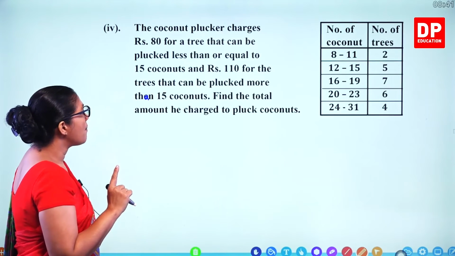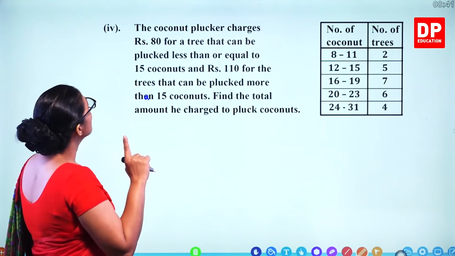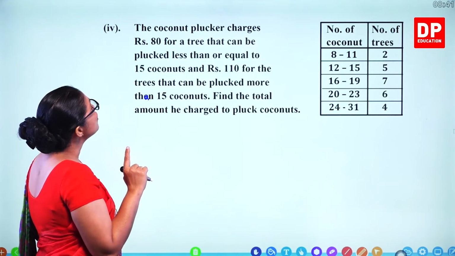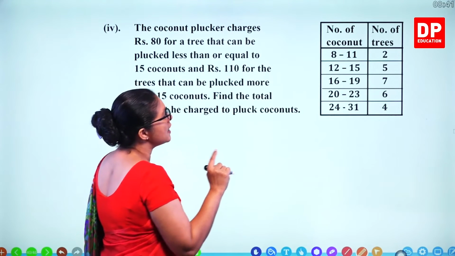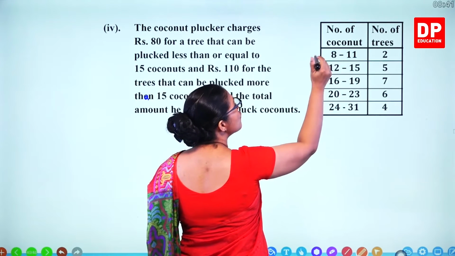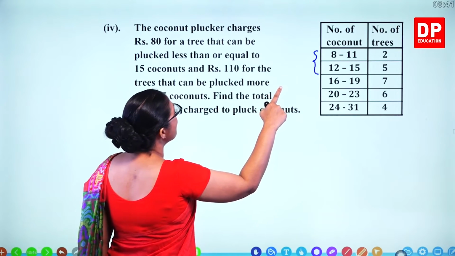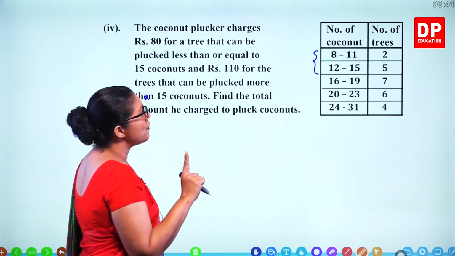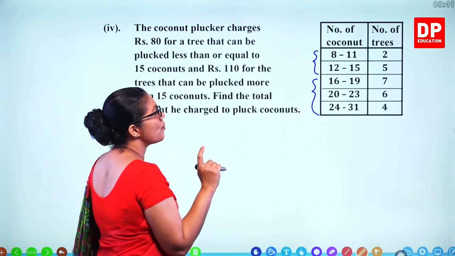Find the total amount he charged to pluck coconuts. So 80 rupees is for less than or equal to 15, that means these two. And more than 15, that's these three, that's 110 rupees.